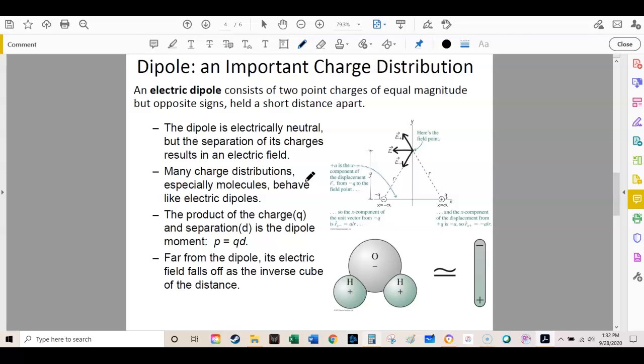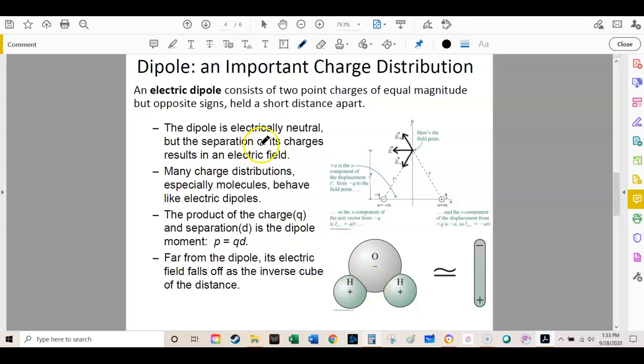But you could have 2 positive charges, and that is the same thing as a dipole. I've heard it referred to as a dipole as just 2 point charges, right? But really, when I think of a dipole, it's actually 2 point charges of the same magnitude but opposite sign, and they're a very short distance apart. You're talking about the atomic scale here, okay?